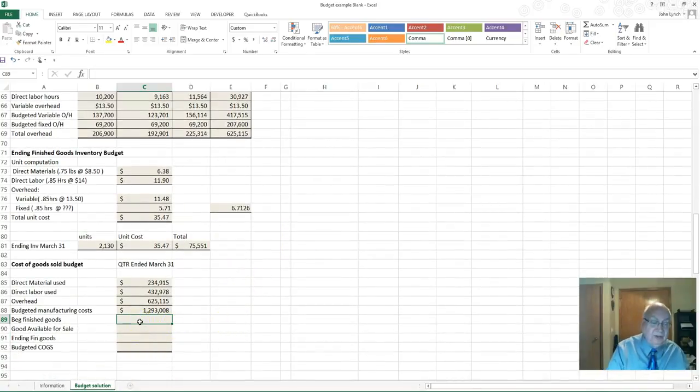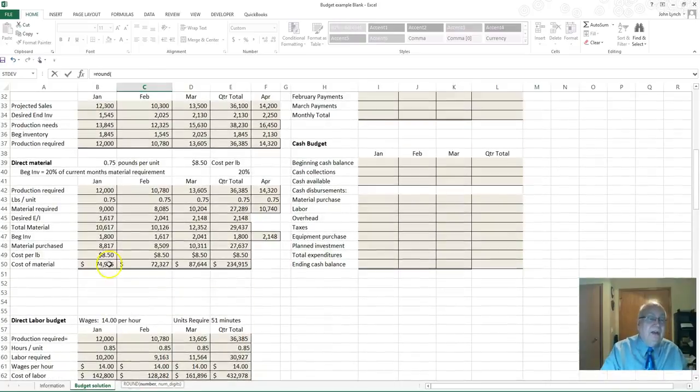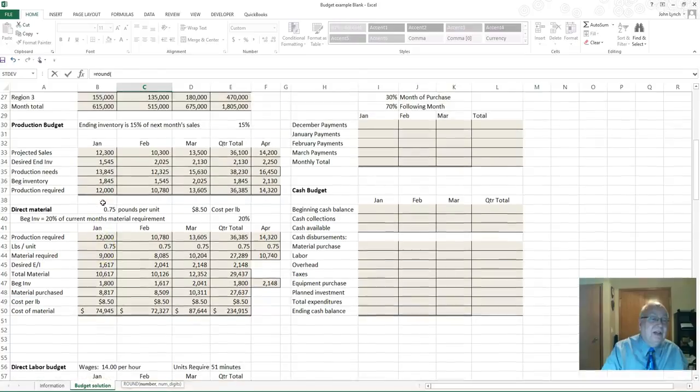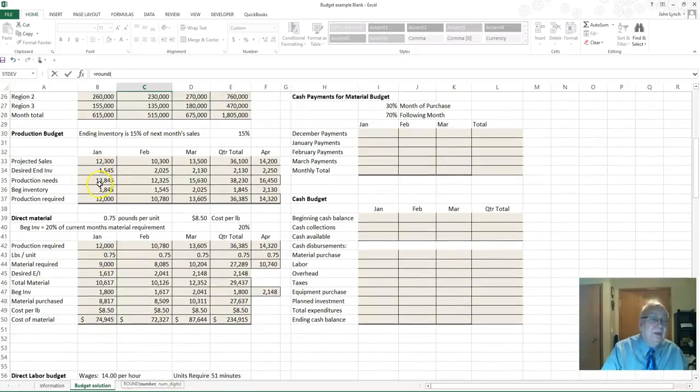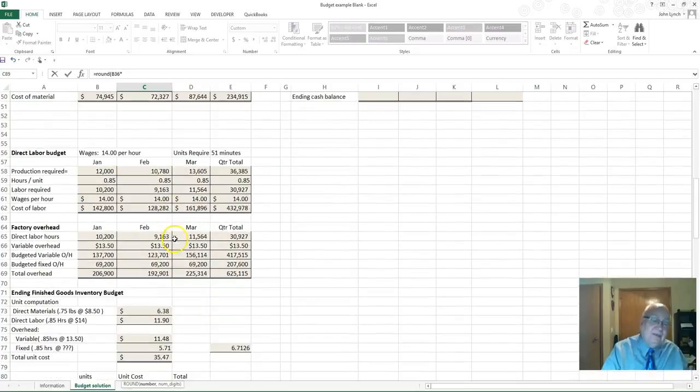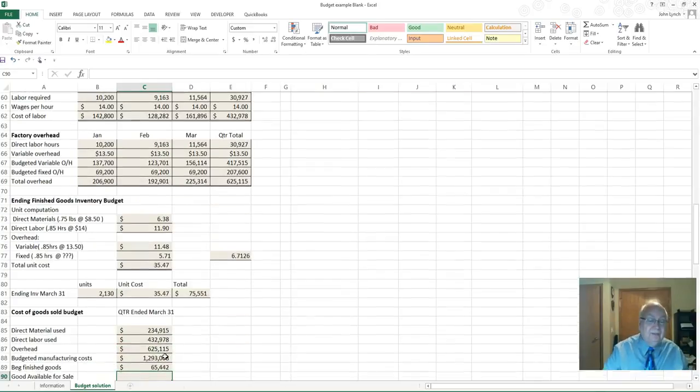Beginning finished goods. Well, we do the same type of thing there. We'll do the round. Then we'll come back up here to our production budget. We're going to assume that it hasn't changed any. So there's my beginning right there. Times, we'll assume it's the same cost just because we don't have anything else.